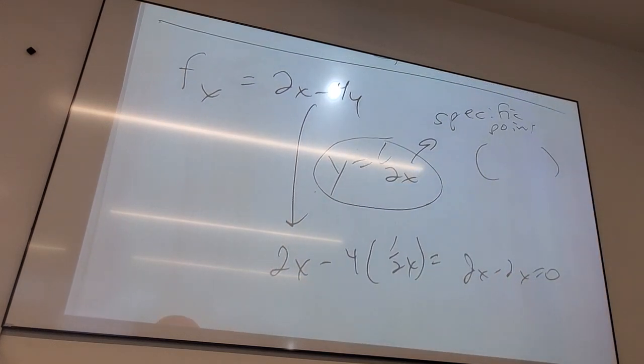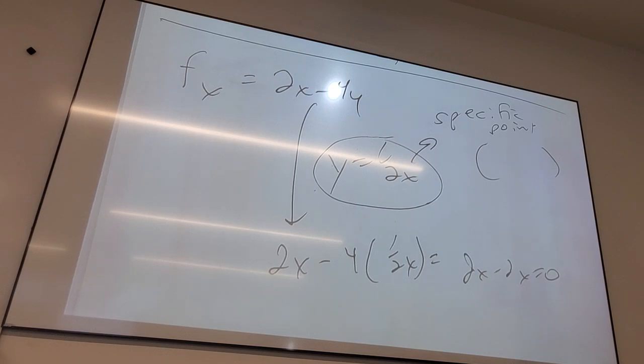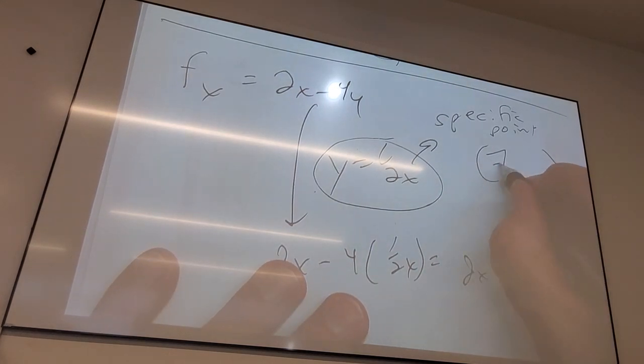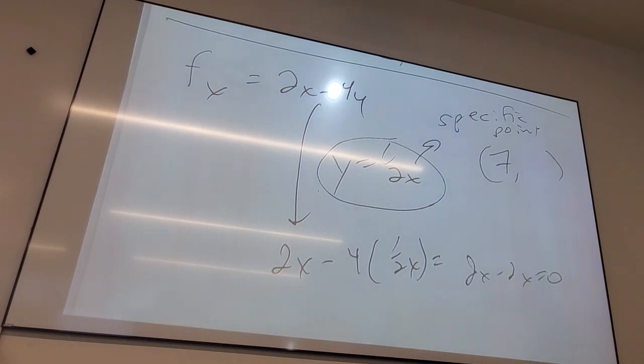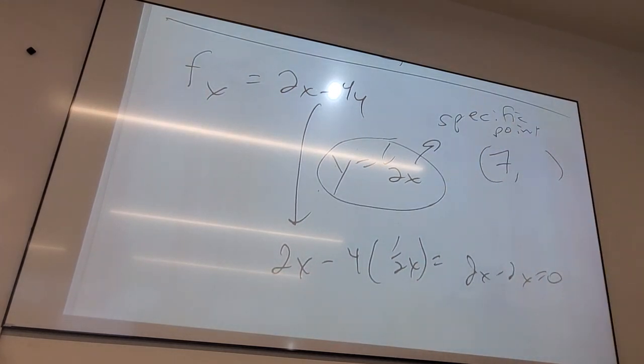How do you do that? Pick an x. Give me an x. 7. Careful. If x is 7, what must y be so it's on that line? 7/2, yes? You guys with me?